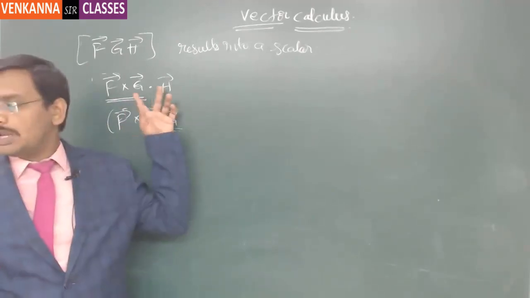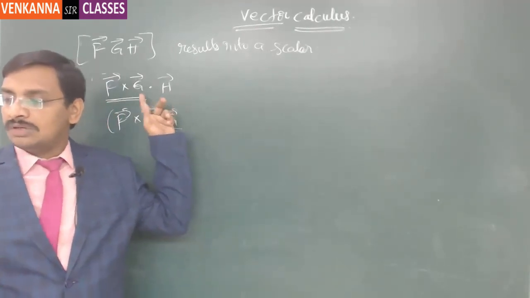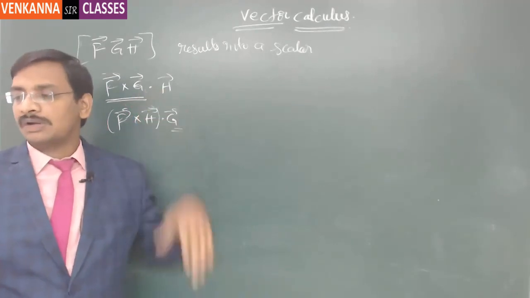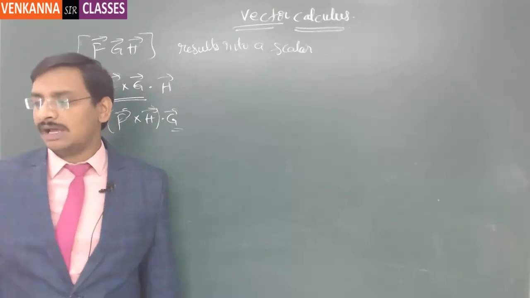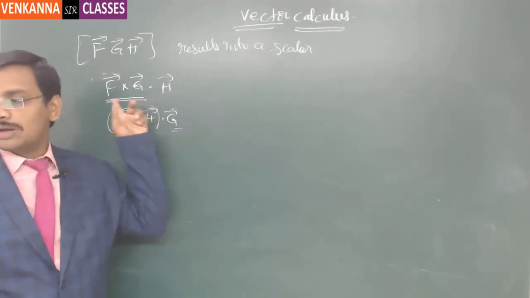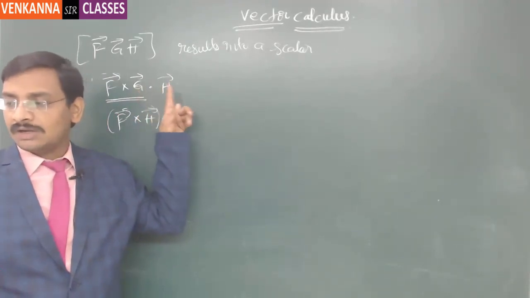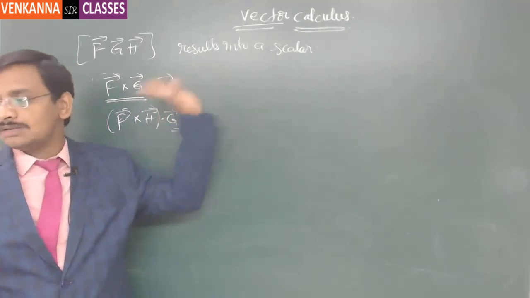Because if you take G dot H first, it will result in a scalar, and with a scalar you cannot do a cross product. A cross product has to be done only between two different vectors, but a dot product will result in a scalar. So you have to do the cross product first, so that you get a resultant vector. For that resultant vector you will do the dot product with H. Then the result is going to be a scalar value.